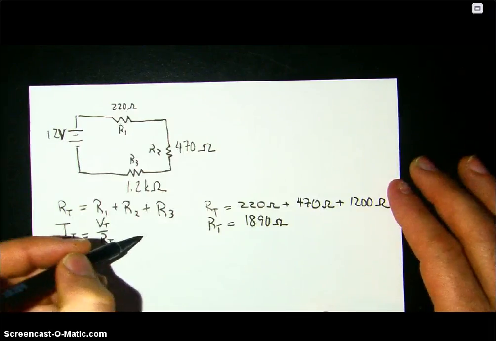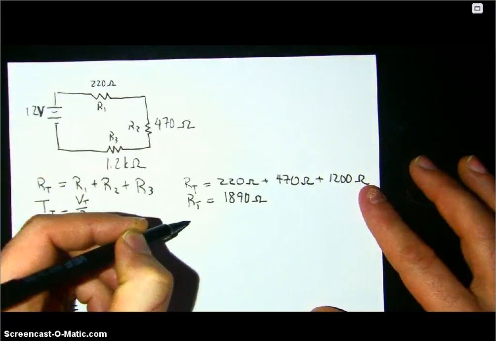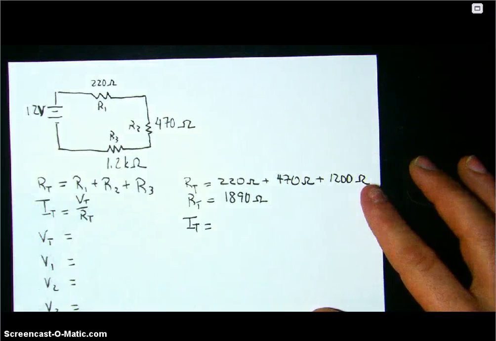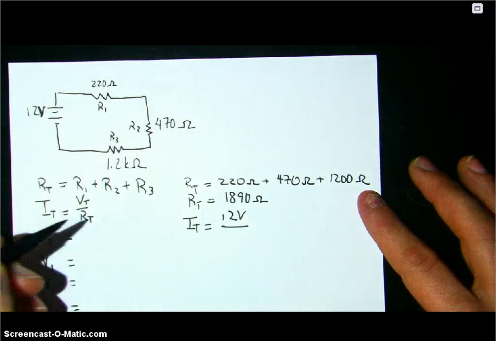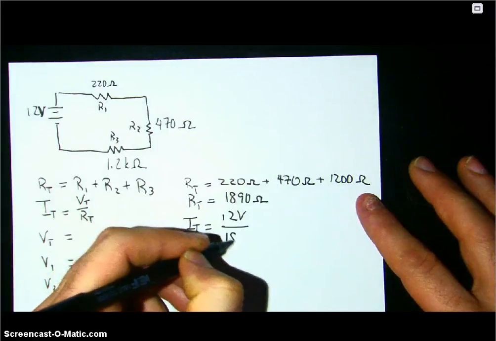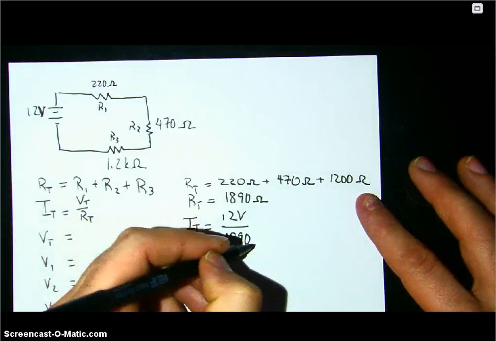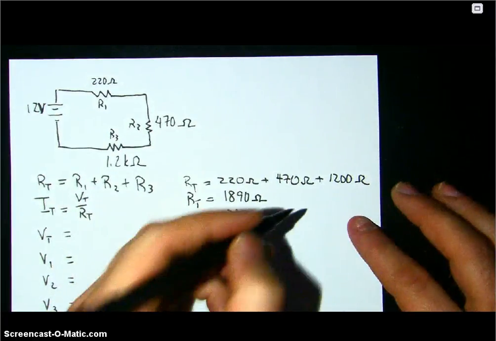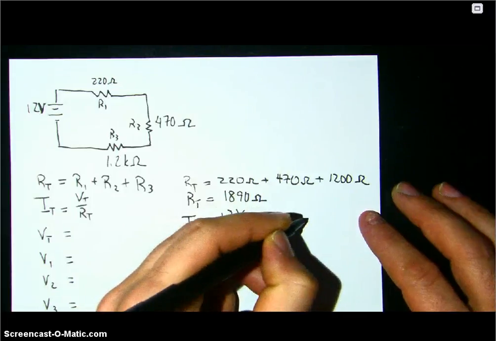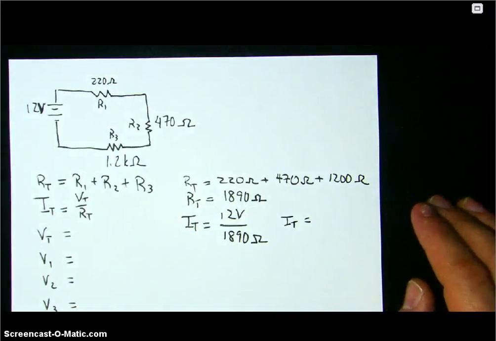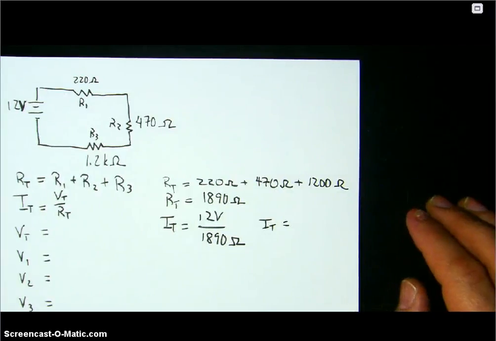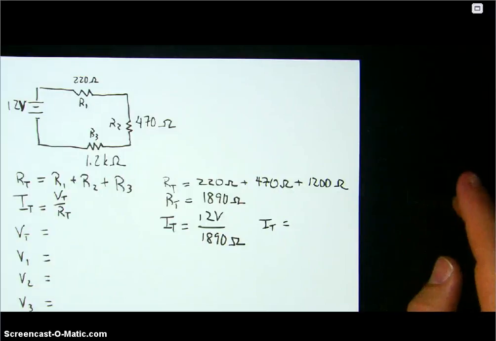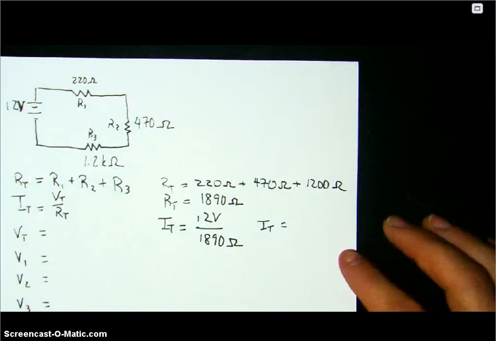Okay, so IT, let's go over here a little bit, is equal to my total voltage, which is 12 volts, divided by my total resistance, which is 1890 ohms, and I get a total current of, say what? 6.3 milliamps, right?